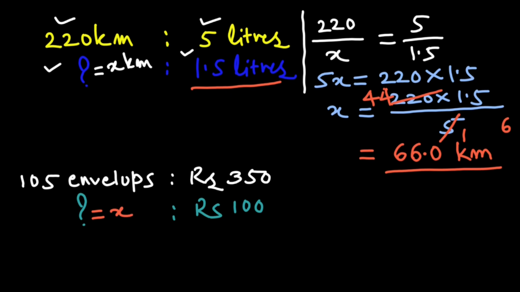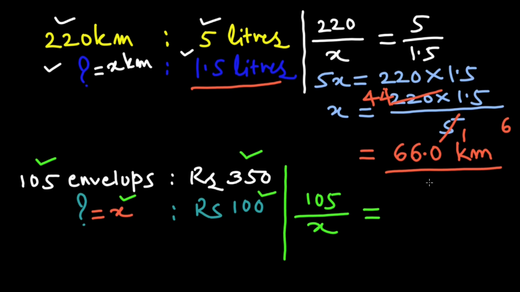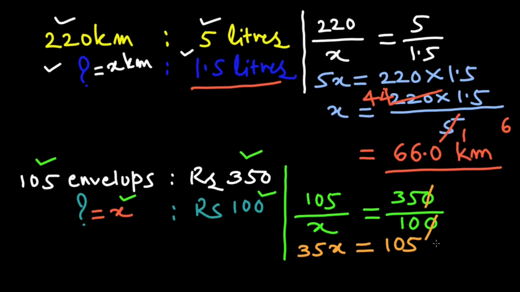So we will take ratio of 105 and x and equate it to the ratio of 350 and 100. This 0 gets cancelled. By cross multiplication, we get 35x equals 105 multiplied by 10. So x equals 105 multiplied by 10 divided by 35.